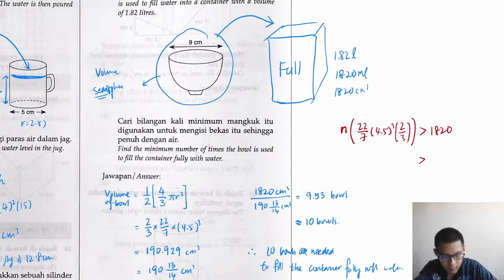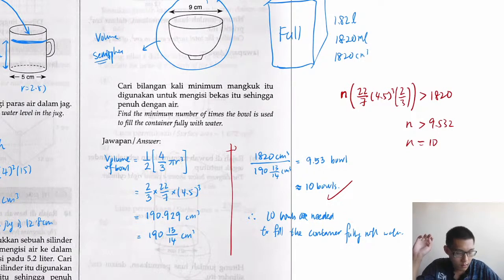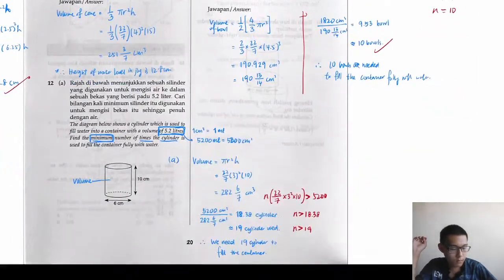So must be 10. So n equals 10 minimum. The answer is given like this, but if you try to use this also can. Okay, done. Nothing wrong today.